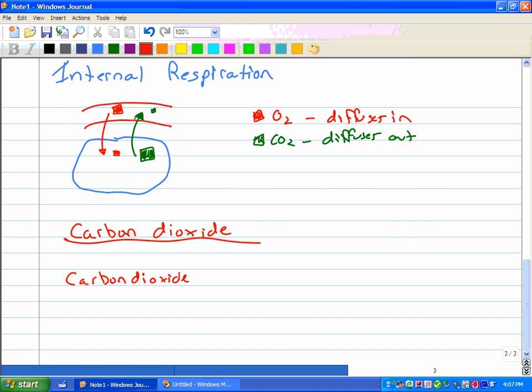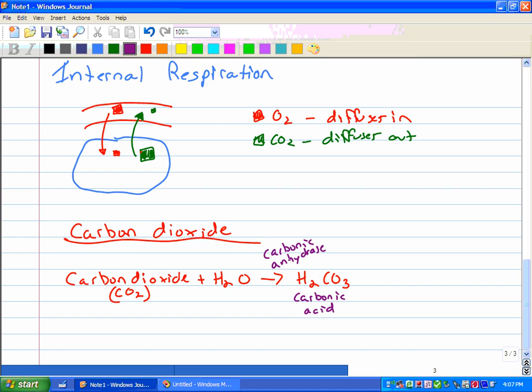When it's leaving the cell, it reacts with water, so CO2 and H2O, and when that happens, it changes into carbonic acid. But it can't just turn into carbonic acid without the help of something, and we know that what helps chemical reactions are enzymes, and the enzyme that helps facilitate this reaction is called carbonic anhydrase, right?